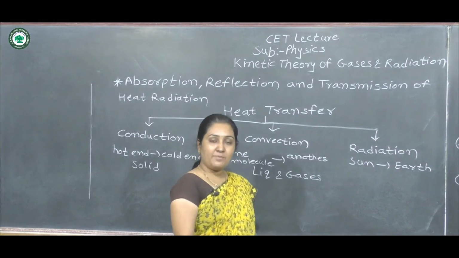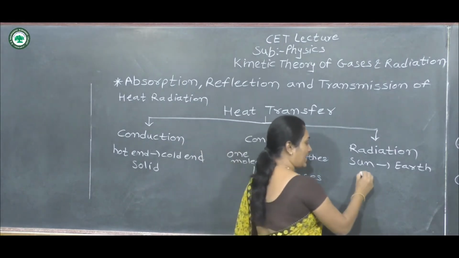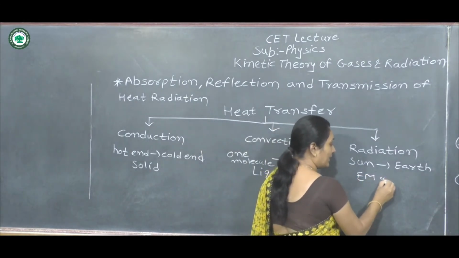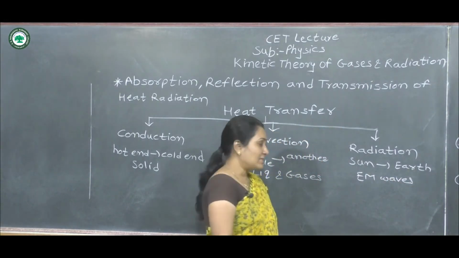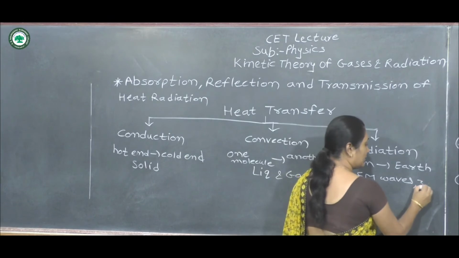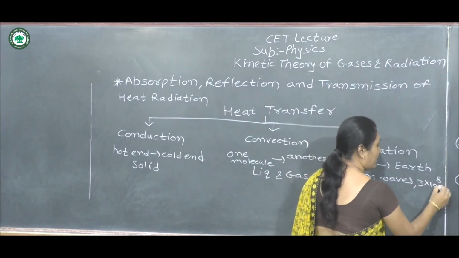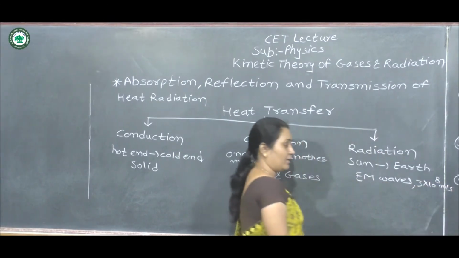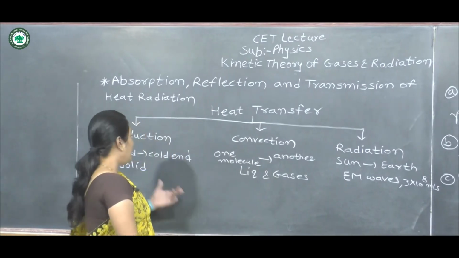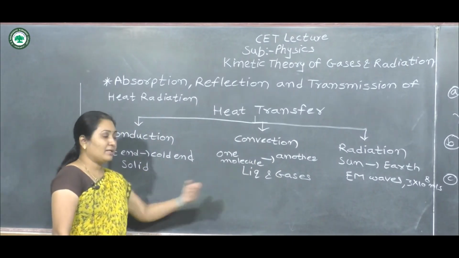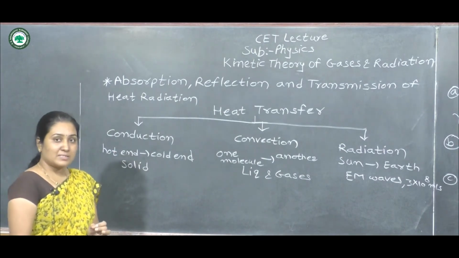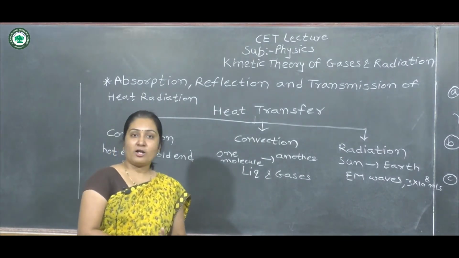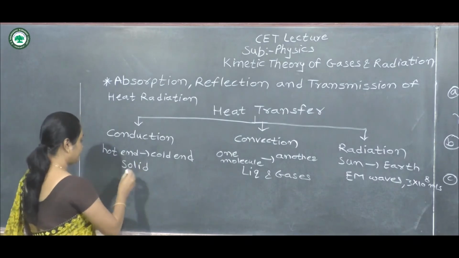And radiation method is used in case of electromagnetic waves which are moving with the speed of 3 × 10^8 meter per second. Both conduction and convection require a material medium for heat transfer.